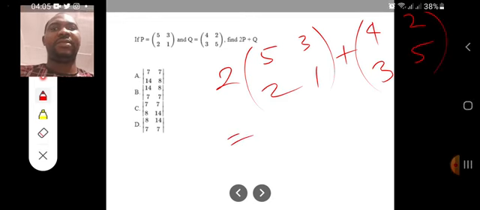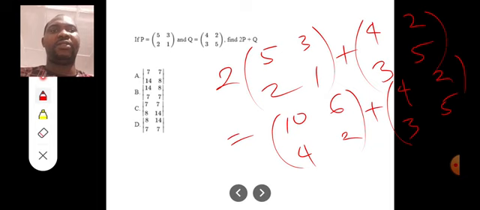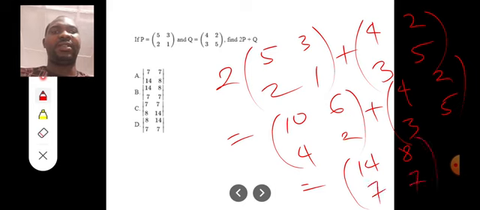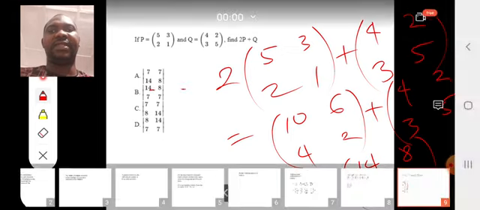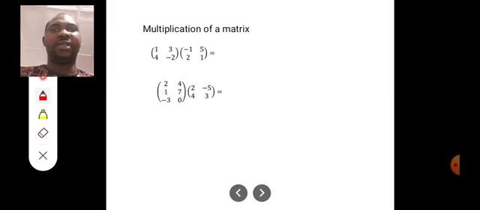So 2 times the whole of that will give us 10, 6, 4, 2, plus 4235. When you add corresponding elements, 10 plus 4 will give us 14, 6 plus 2 will give us 8, 4 plus 3 will give us 7, 2 plus 5 will give us 7. That becomes our answer, 14877, so the answer is B. Wow, this is beautiful.